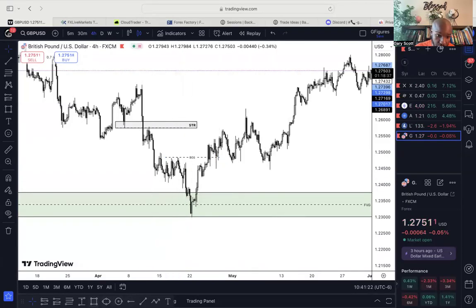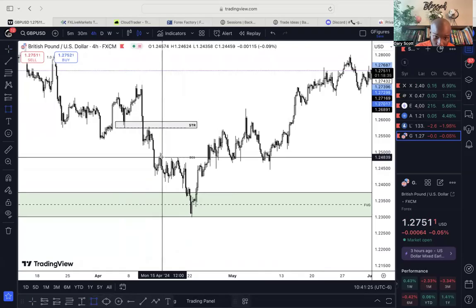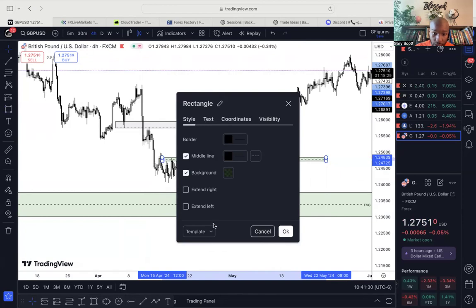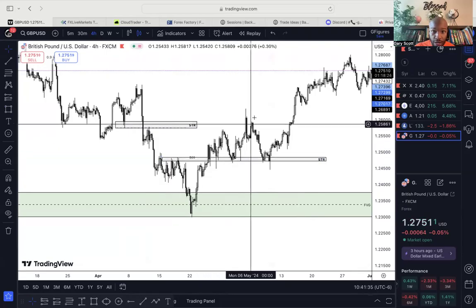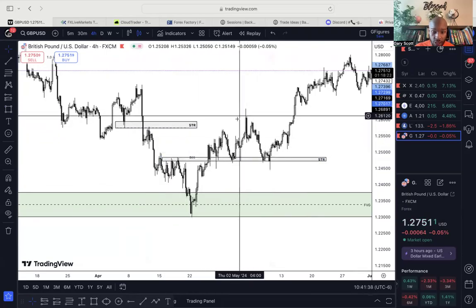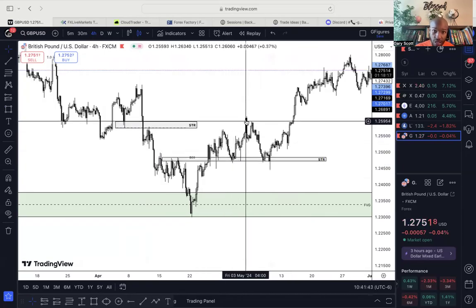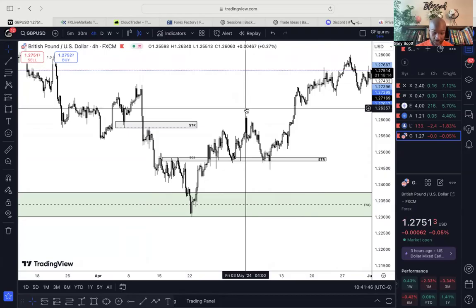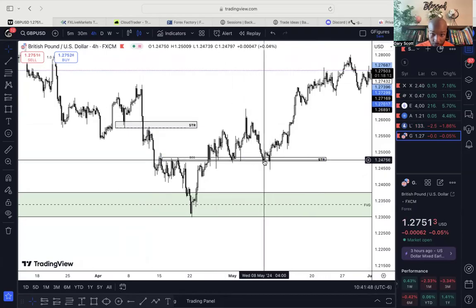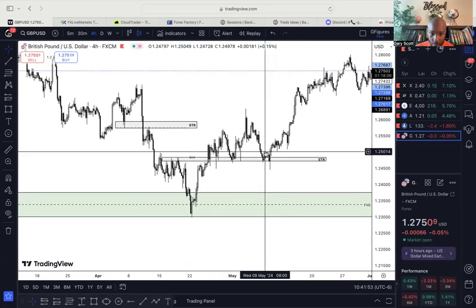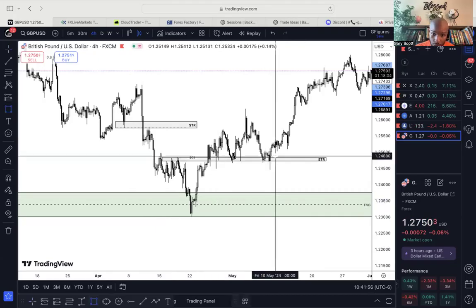If I look at this, I understand this is also a structure level. If price breaks this level of structure and creates new highs, like it did here, creates a new high, retests back to structure, takes out that high, and comes back down to this level and never could break or close below this level, and it gives you a bullish candle back above, we can enter the market here.